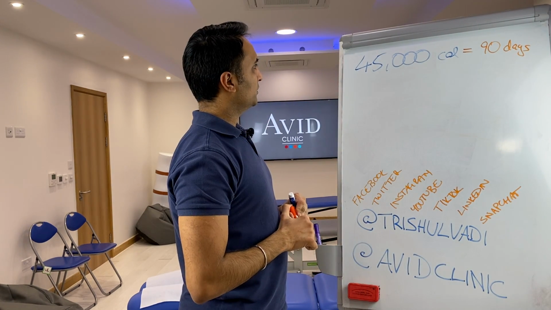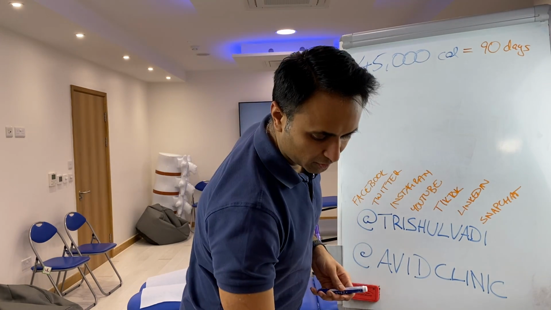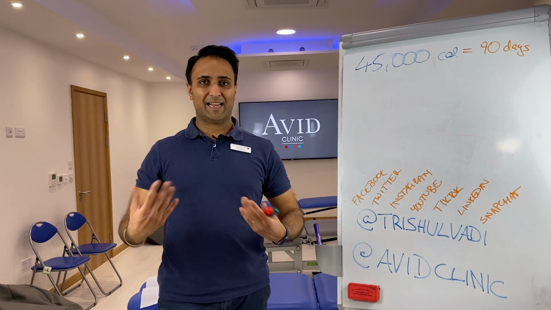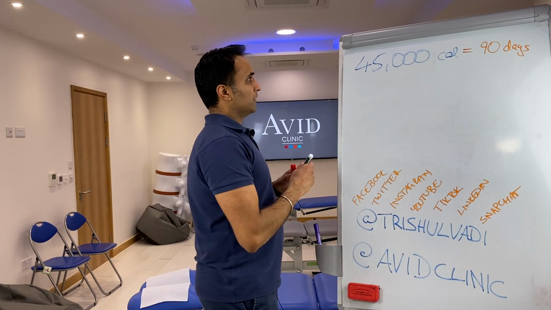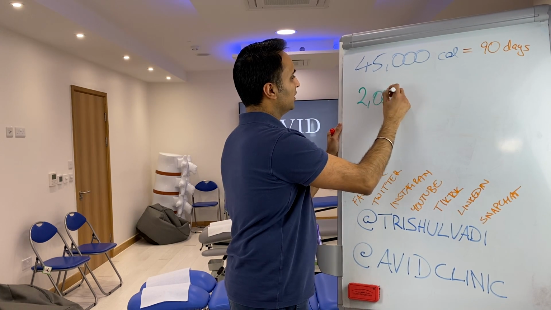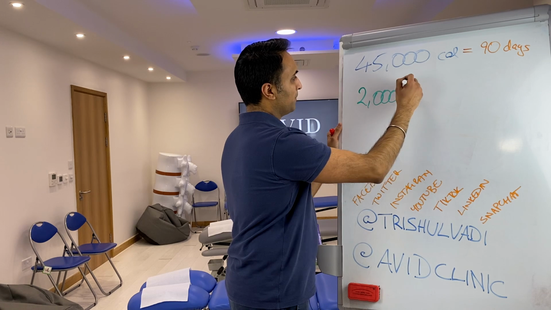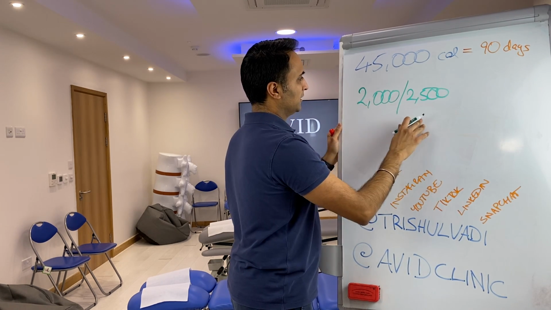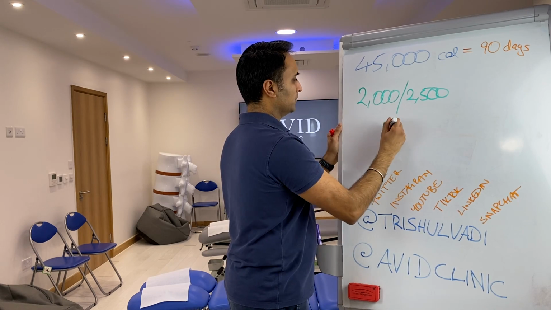Then what we're going to do is make sure that we calculate how much input we're putting into our bodies, how much food, and how much output, how much exercise. So we should be putting in around 2,000 calories roughly, give or take. Perhaps it might be 2,500 calories. That's how much is going in, so how much we're eating.